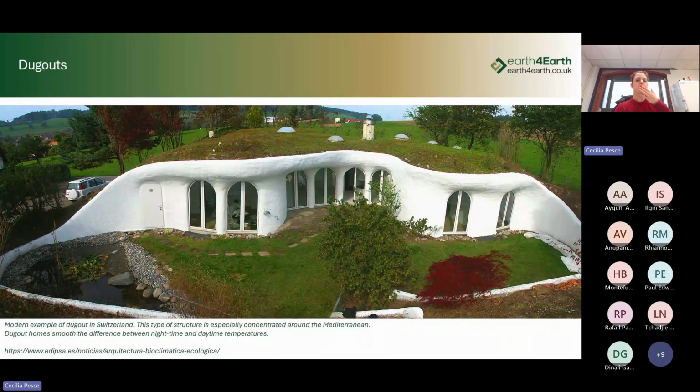This type of structure is mostly concentrated around the Mediterranean, so Spain, North Africa, Greece, Italy. But it can also be a modern structure like this one in the picture. And in quite a variety of climates and conditions, because definitely Switzerland doesn't have that Mediterranean climate, but it still can be used for these type of structures.